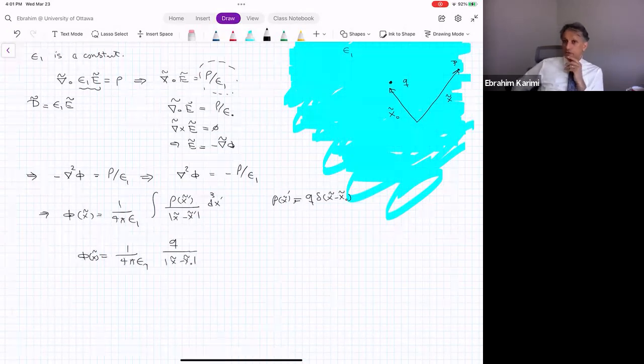Nothing changed. Essentially, the only thing that is changed is replacing epsilon 0 with epsilon 1. And that was the feature of, let's say, isotropic material, epsilon 1, which is not a function of the coordinate. When it's a function of the coordinate, as I say, it should be handled appropriately.